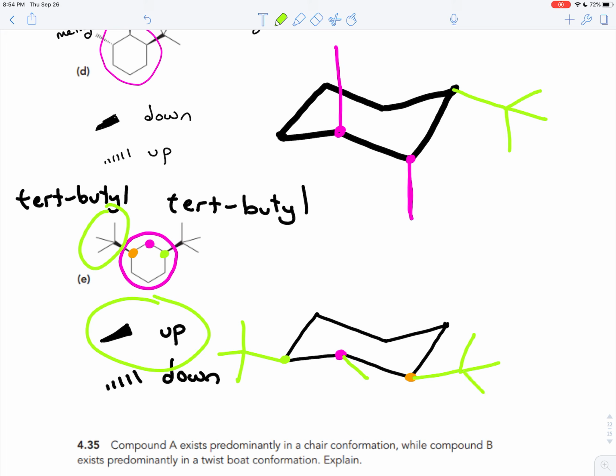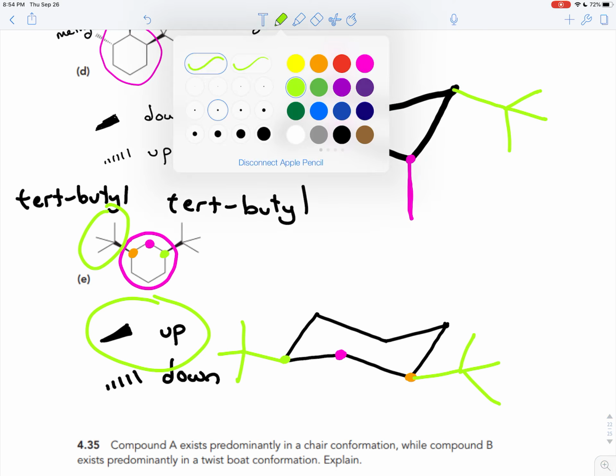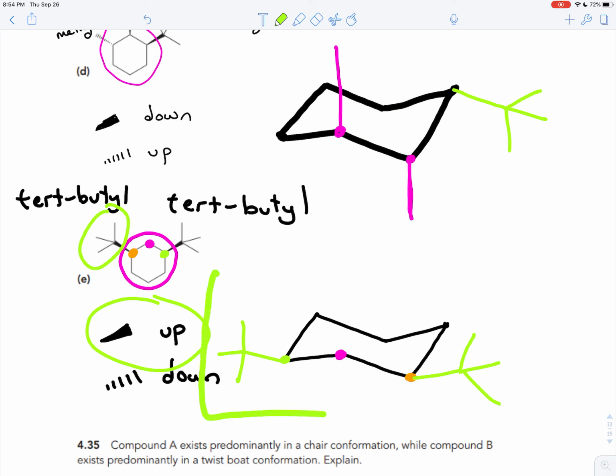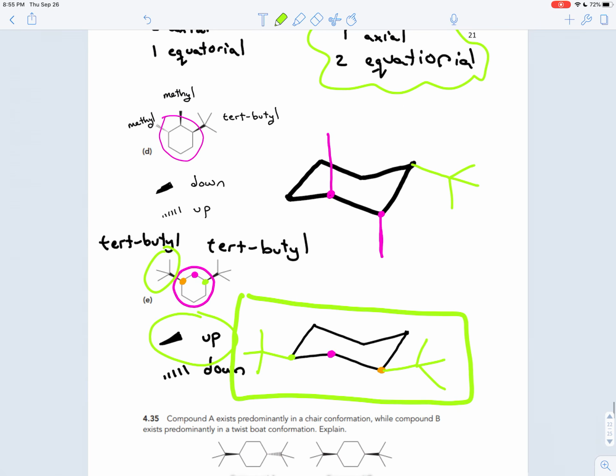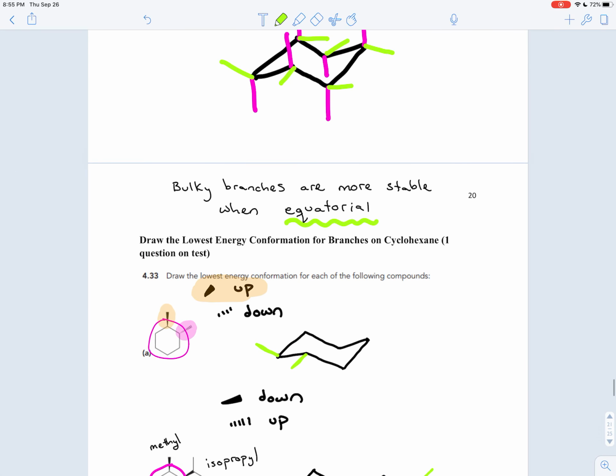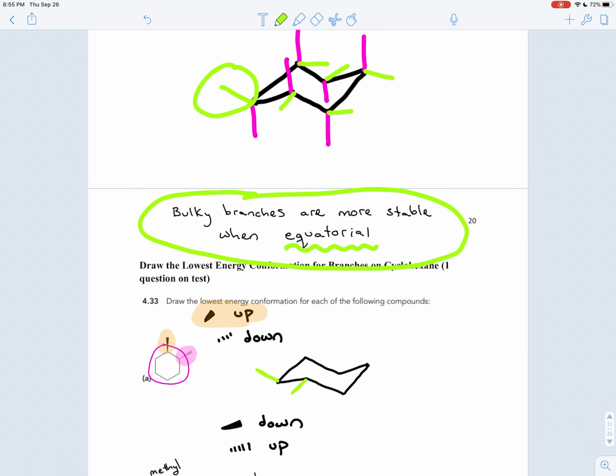So we're going to have the other tert-butyl branch in an equatorial position. I'm going to get rid of that guidepost there. And so this is the most stable conformation of this molecule. It has both of your bulky groups in equatorial positions. And equatorial positions make bulky branches stable. So notice we had our bulky up, our equatorial up, and 2 away, the equatorial is also up.